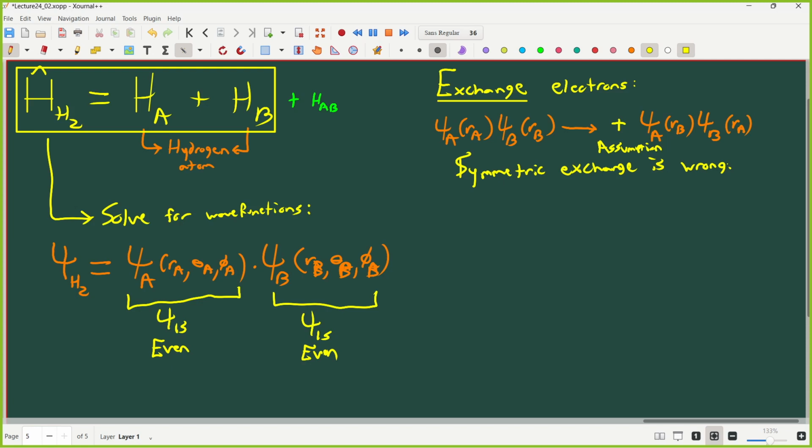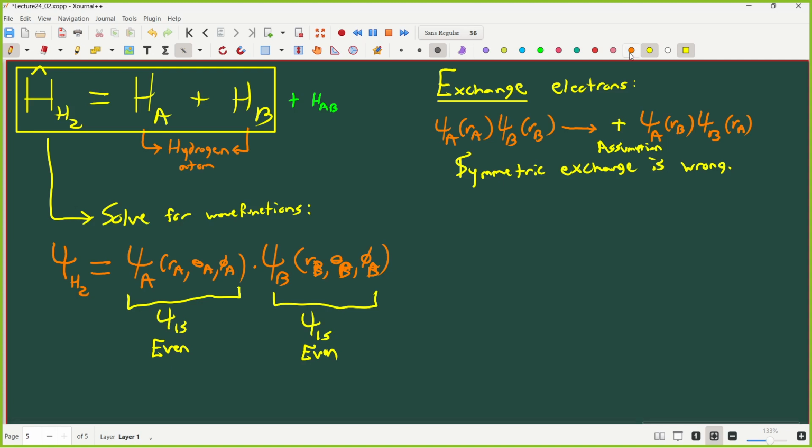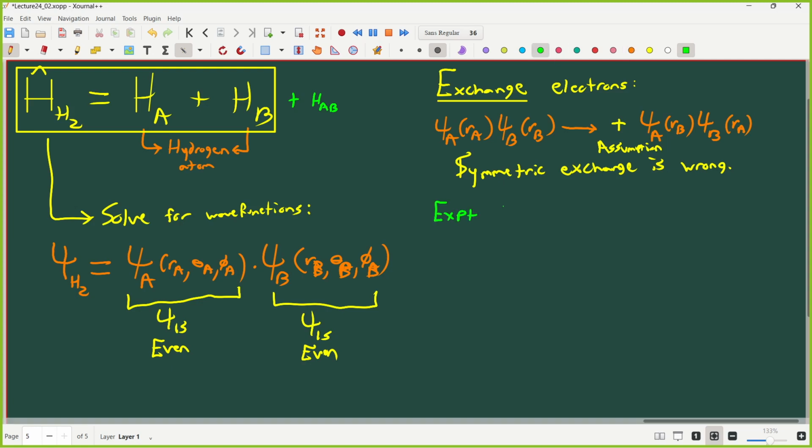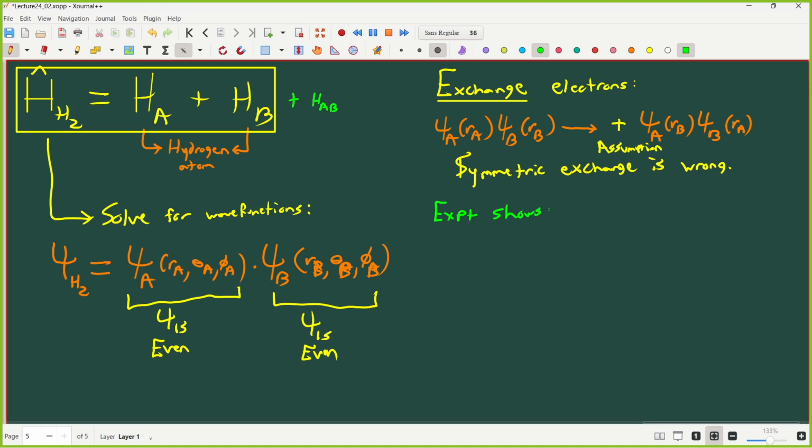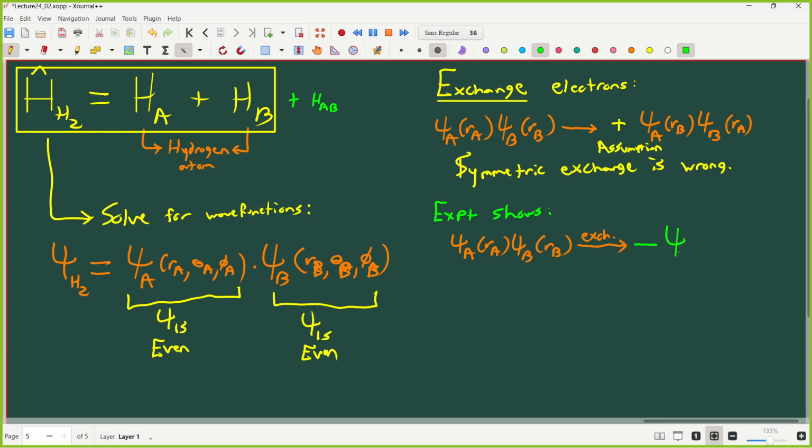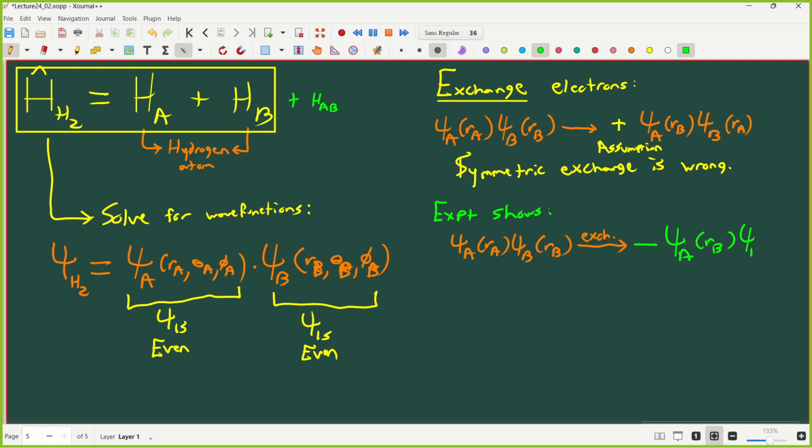When you look at experiment and you do the theory, experiment shows that when you exchange two electrons, you get a minus sign. The wave function changes sign. So we say that they're antisymmetric.